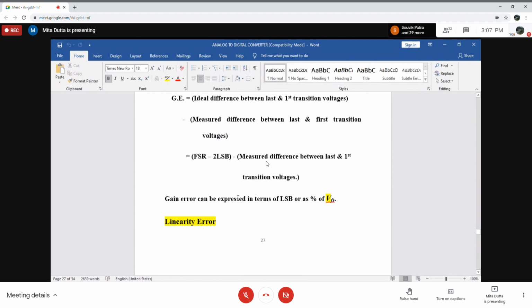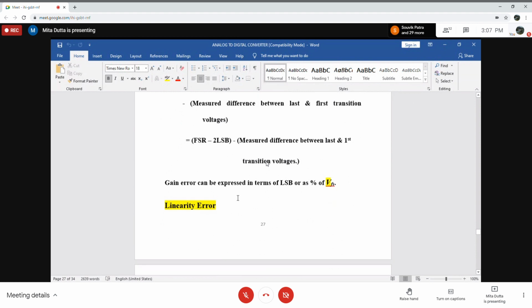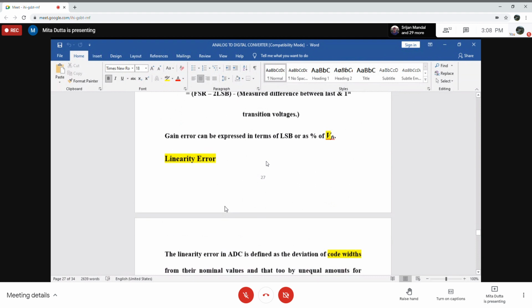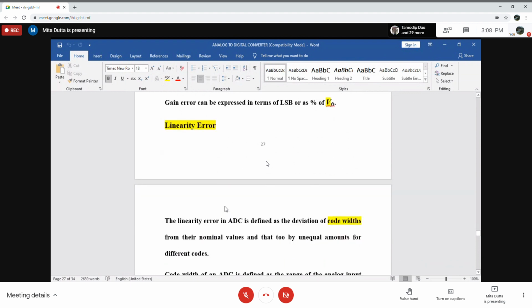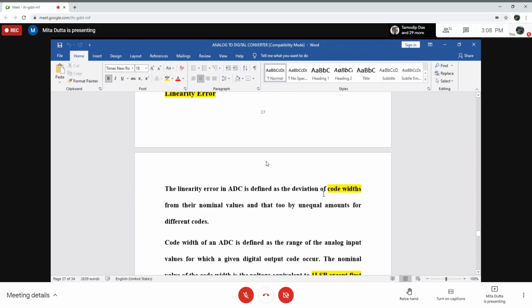Now come to the linearity error. This will be the change in code width of the different transition voltages. Now how could we define code widths?